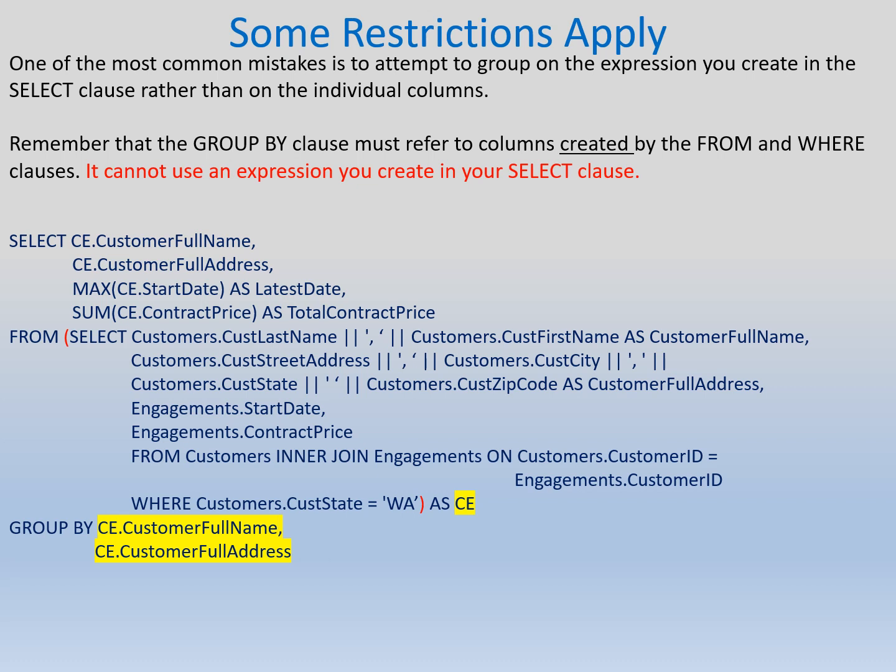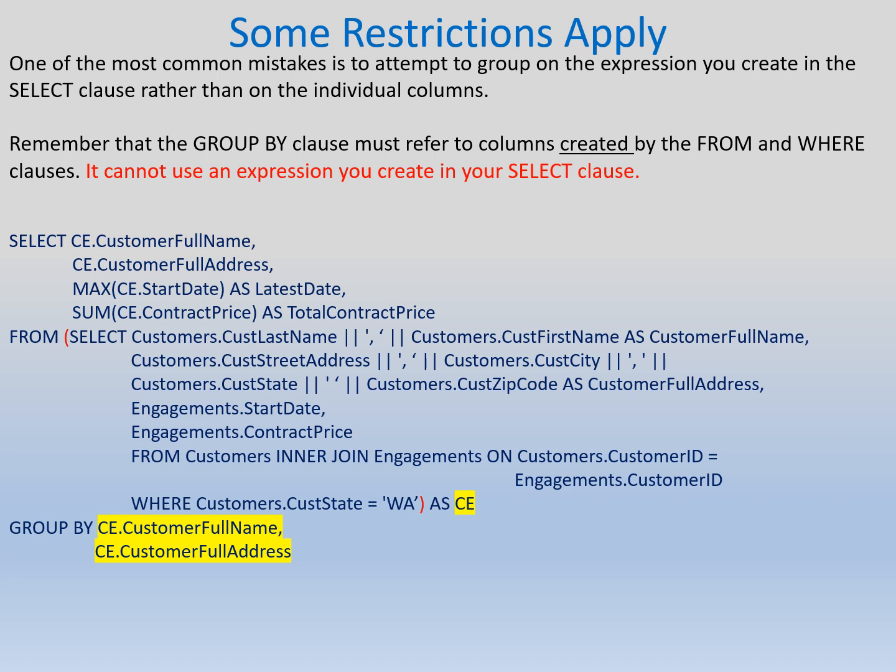Now notice here with this select statement, we have customer full name and customer full address in the select clause. They are required to be in the group by clause because they are not aggregated. We have two aggregations in the select clause, max and sum. Those two aggregations cannot be in the group by clause. That is what we are saying here with this first sentence.